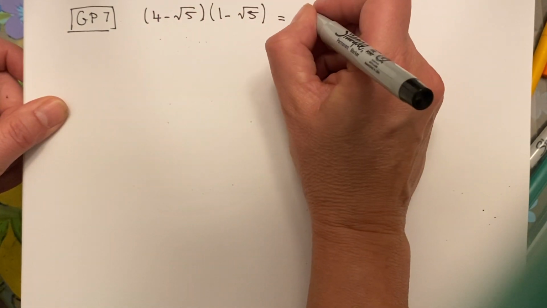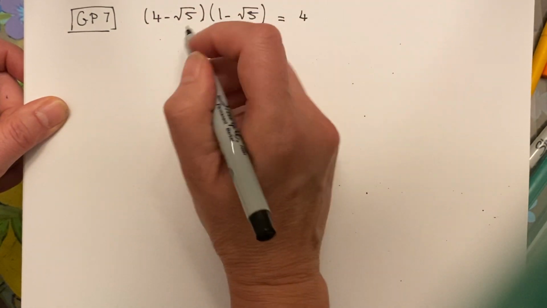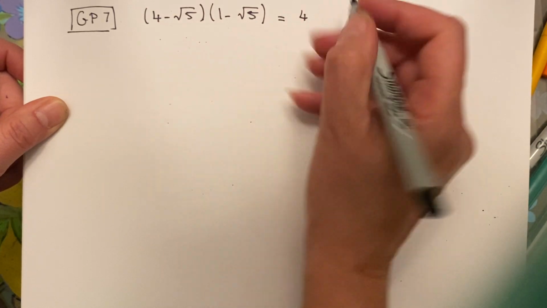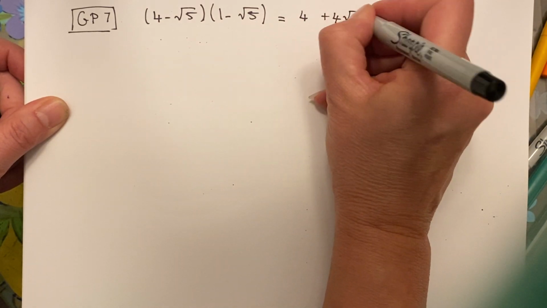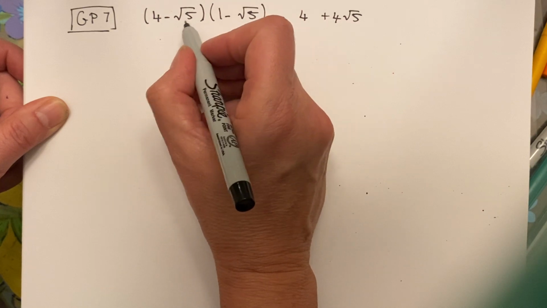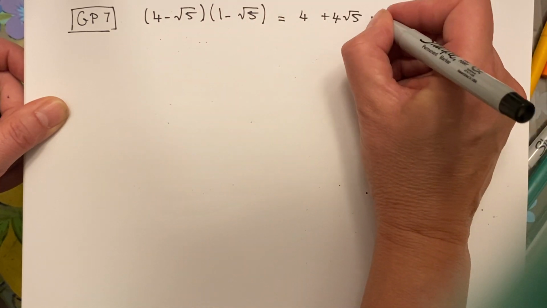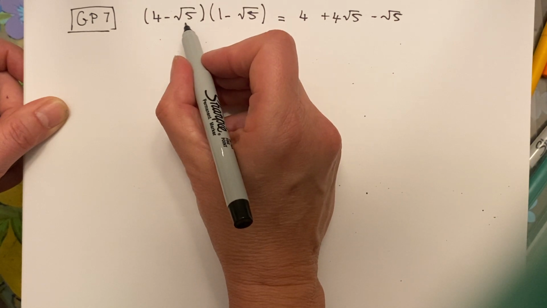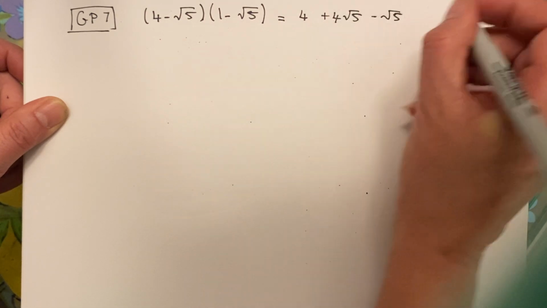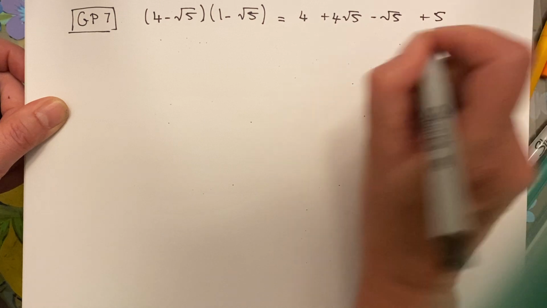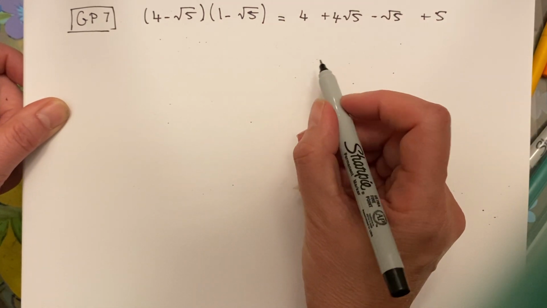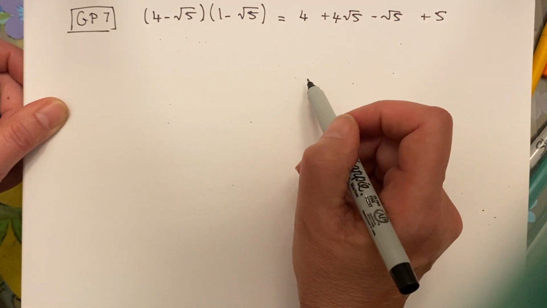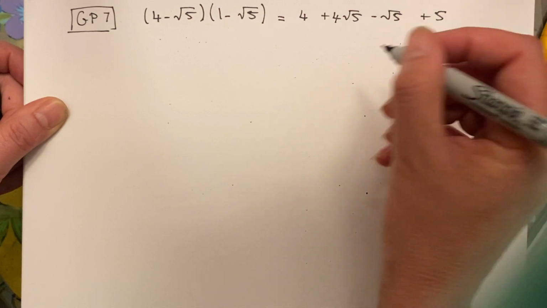So first is 4 times 1 is 4. Outer is 4 times square root of 5, so 4 square root of 5. Inner is negative square root of 5 times 1, so minus square root of 5. And then last is negative square root of 5 times negative square root of 5, and I'm going to get a positive 5, right? Because it's the negative square root of 5 squared, and that's going to give me a positive 5.